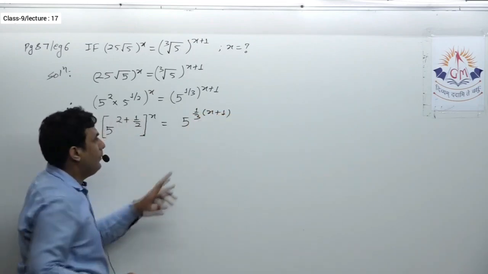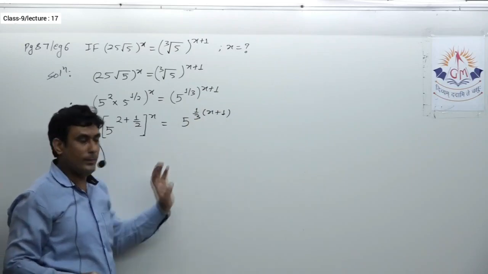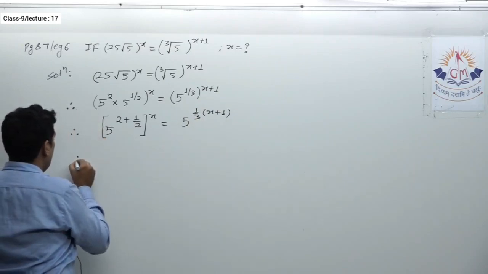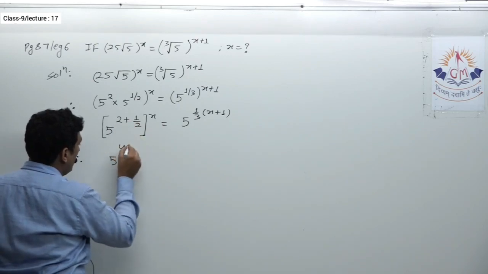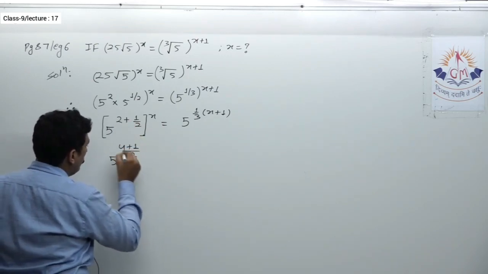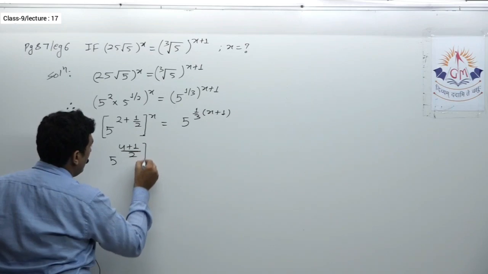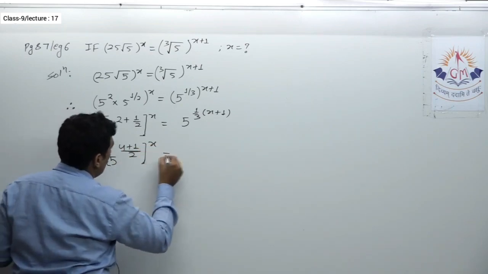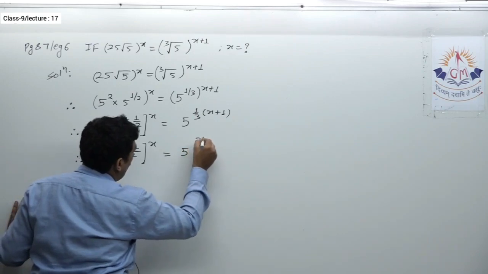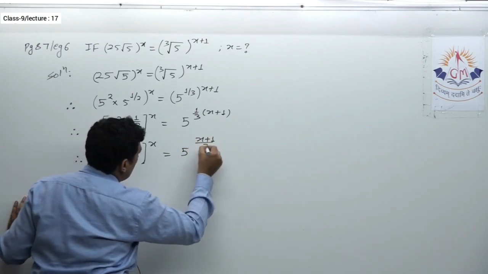Here I can apply the power law, power to power, so I can multiply the powers. This will become 5 raised to 4 plus 1 upon 2, and raised to x remains as it is, equal to 5 raised to x plus 1 upon 3.